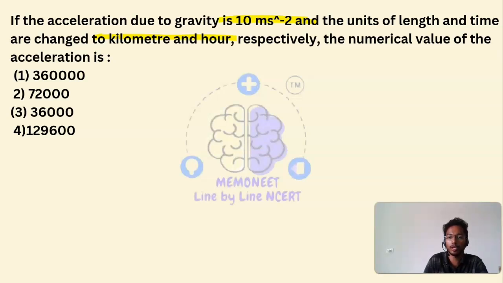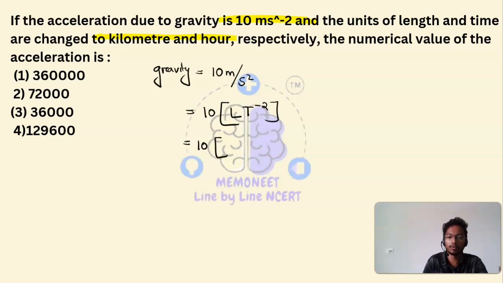We have the gravity equal to 10 meter per second square. So this will be equal to 10, we can write for the meter, length and t to the power minus 2. So here that is 10 into, for the length we are changing into kilometer. This is represented in meter, and we know that 1 kilometer is equal to 1000 meter.